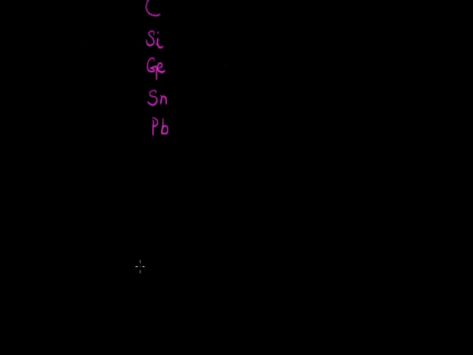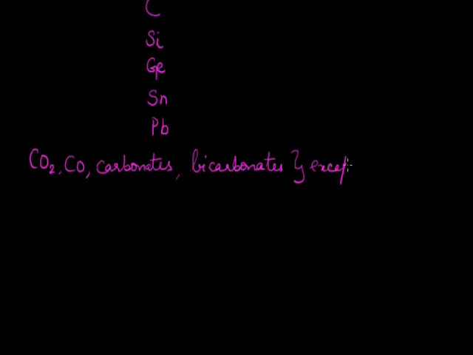All the compounds of carbon are not included in this category, except for compounds like carbon dioxide, carbon monoxide, carbonates, calcium carbonate, sodium carbonate, and many more, and bicarbonates, sodium bicarbonate, that's also called baking soda, and calcium bicarbonate and others. These are not included in the category of organic compounds. Except these, all other compounds of carbon are referred to as organic compounds.